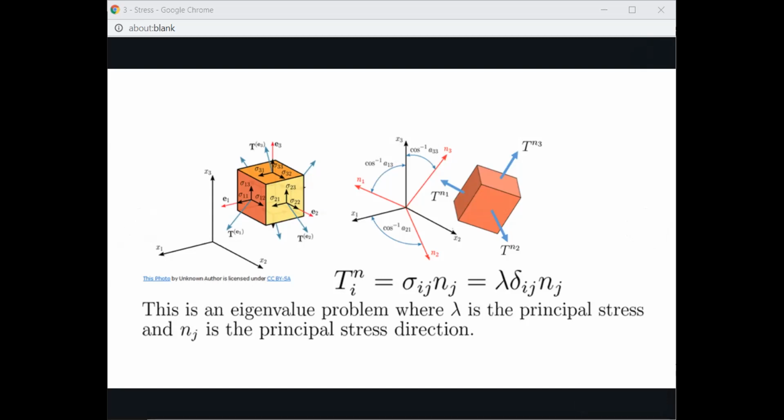So, you might remember theories of failure, right? For Tresca's hexagon or von Mises. In theories of failure, we use the principal stress. Why?